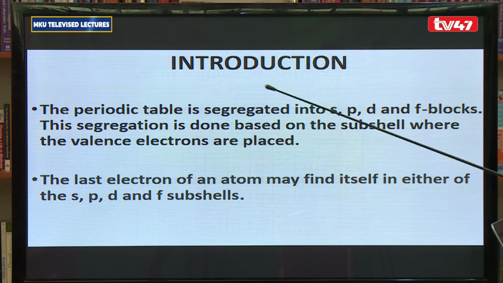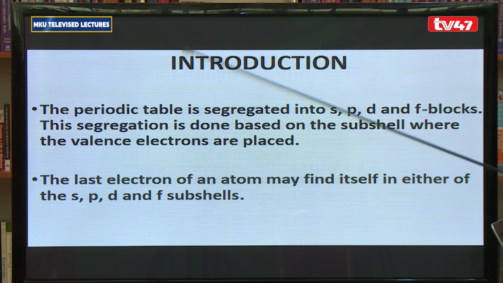Like we have said, the periodic table is segregated into S, P, D and F blocks, and that depends on where the valence electron is placed. If the last electron is in the S orbital, then it will be in the S block.